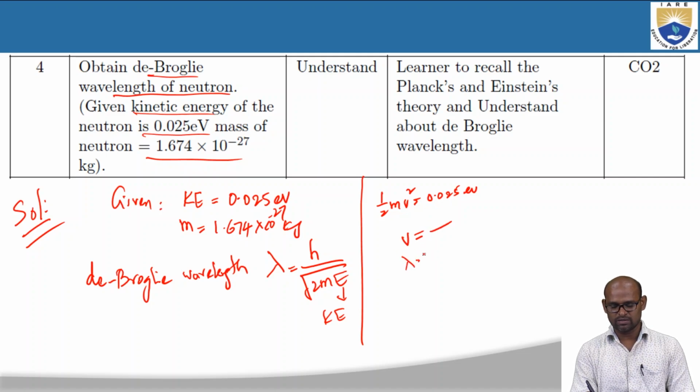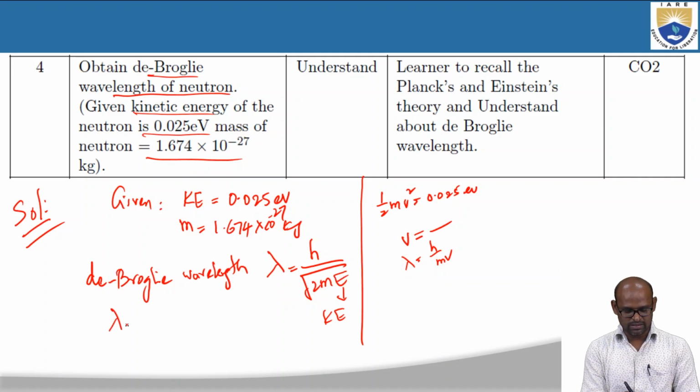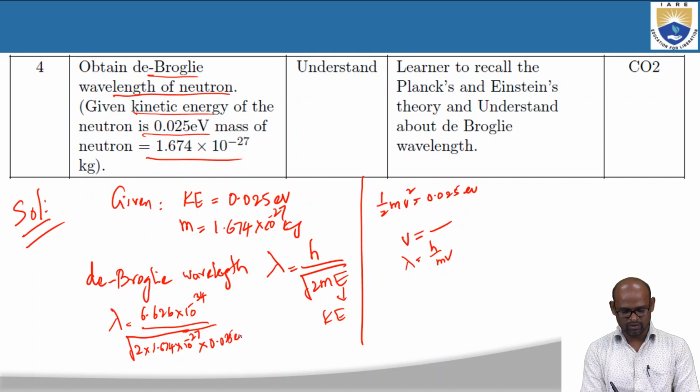We can use lambda equals h by mv, or because they have given the kinetic energy directly, we can substitute it in this formula. So lambda is equal to 6.626 into 10 power minus 34 divided by the square root of 2 into 1.674 into 10 power minus 27 into the kinetic energy, 0.025 electron volts.